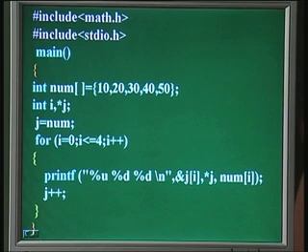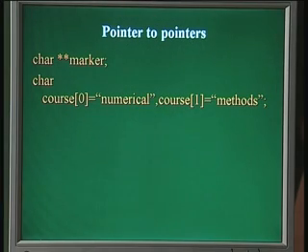Okay, so then we also saw, which I will go through again, that we can make a pointer point to another pointer. That is the pointer to pointers. This will be useful especially when you want to read off character arrays and things like that, and also two-dimensional arrays. We will see that later. So here is an example. We have made a pointer here, a pointer to a pointer, with a double asterisk declaration, star star marker. Now I have a character array here.